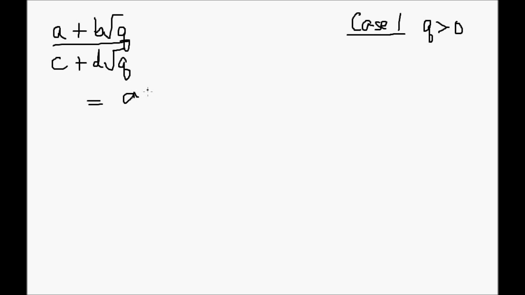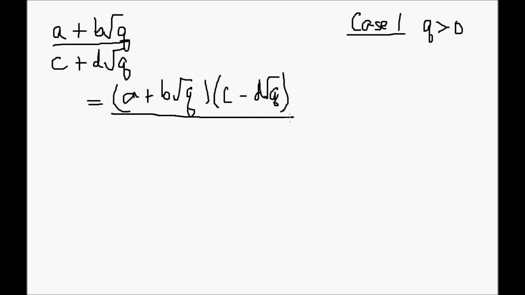So we get (a plus b times the square root of q) times (c minus d times the square root of q), divided by (c plus d times the square root of q) times (c minus d times the square root of q).